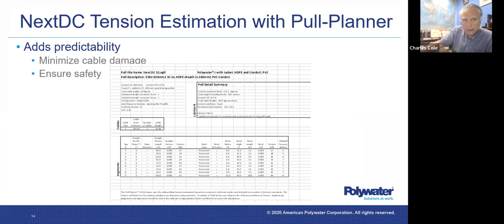This is an installation in Australia where they were pulling over 900 meters of Taihan 33 kV cables, weighing 30 kilograms per meter. And they were pulling 3 cables through 3 separate ducts, 950 meters again.